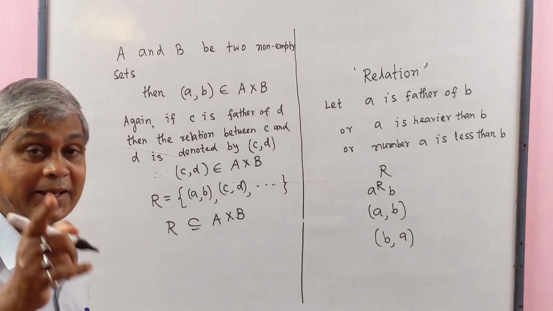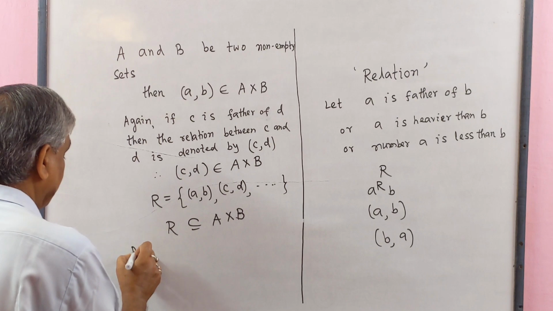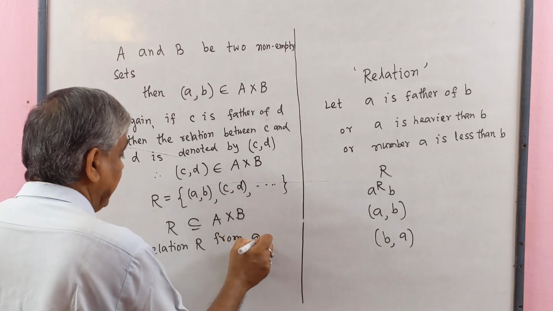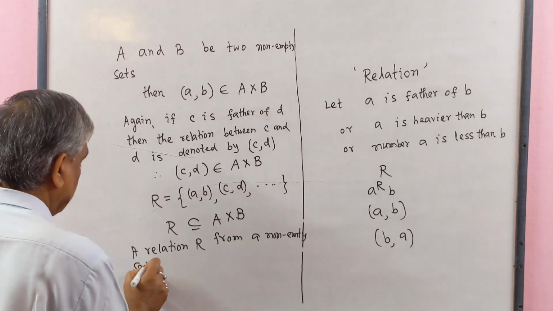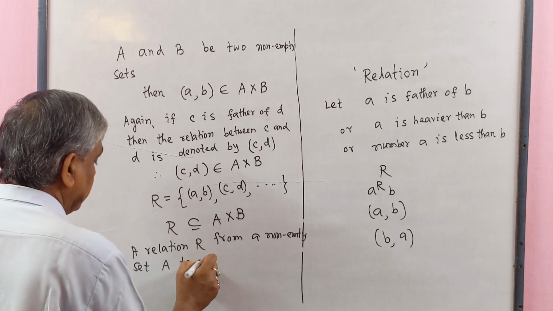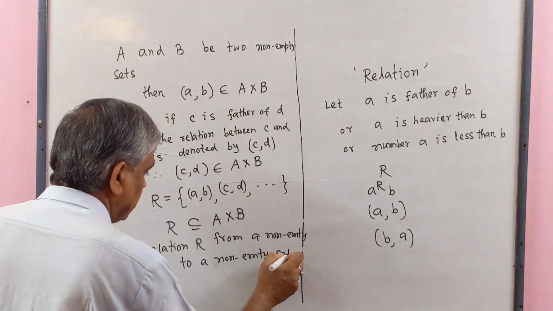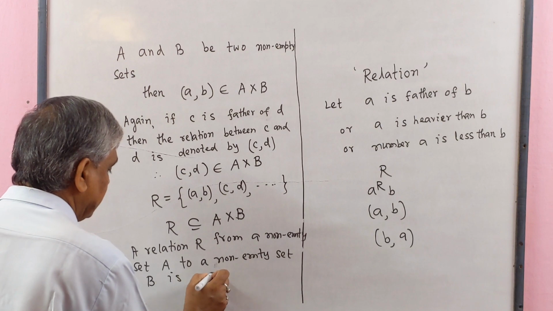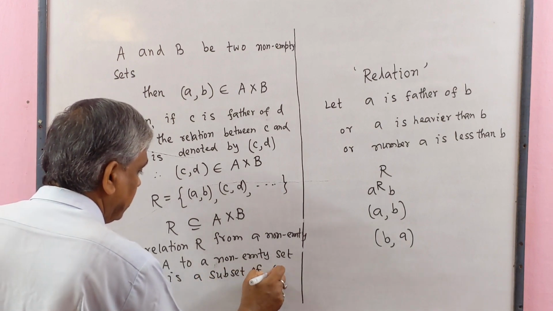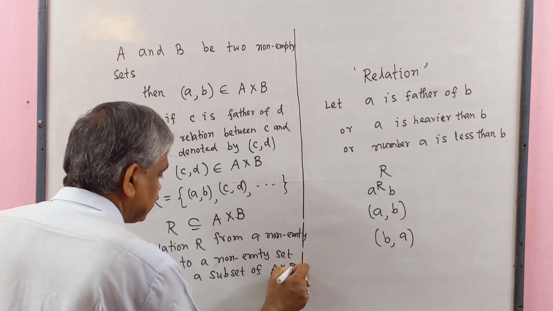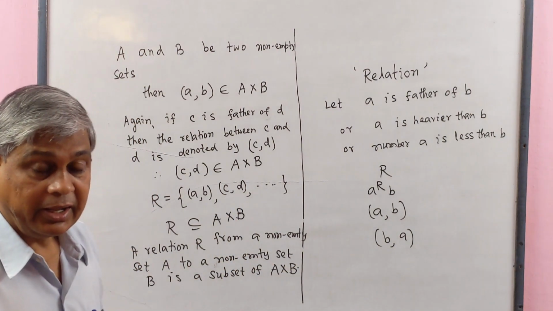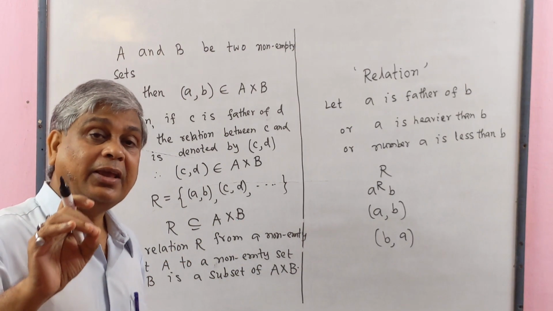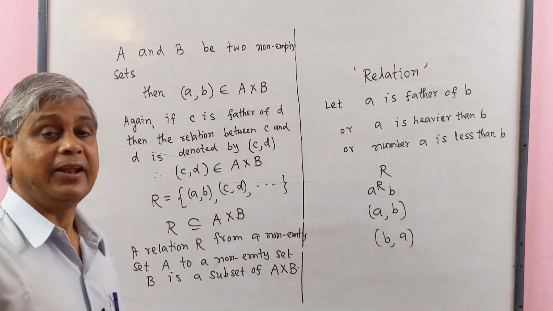Therefore, a relation R from a non-empty set A to a non-empty set B is a subset of the Cartesian product of the two sets A and B. Here the sets A and B may be different or identical.